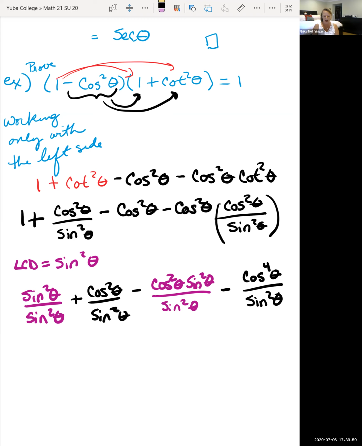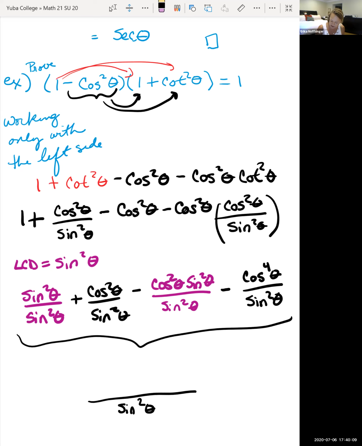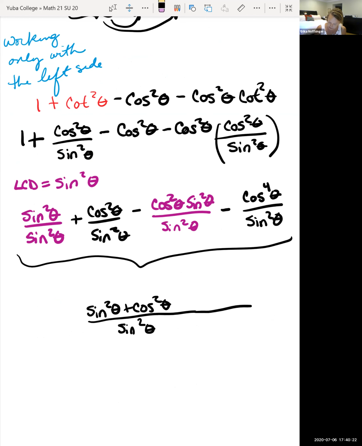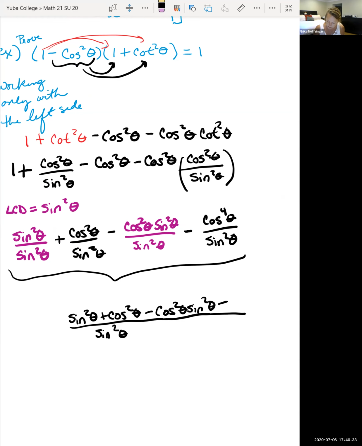Okay, so we can now rewrite this as a single fraction all over our sine squared. So we have sine squared theta plus cosine squared theta, and then minus cosine squared theta sine squared theta, minus cosine to the 4th theta.